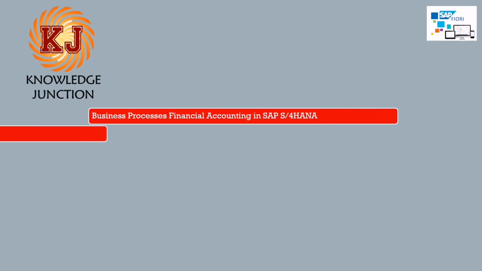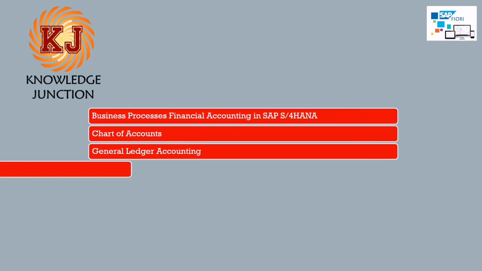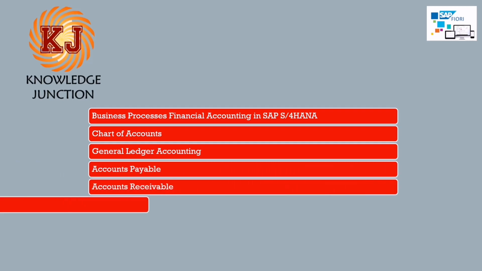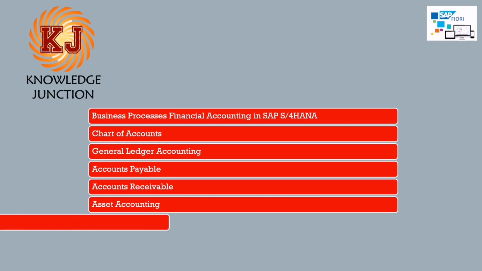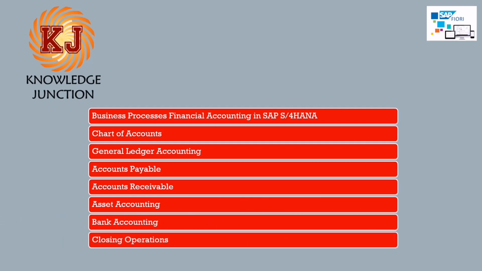What are we going to cover in this session? As I mentioned, just a very high level overview. We are not going to create or post any data. It is just to give you a feel and look of the SAP Fiori Launchpad, business processes in financial accounting: chart of accounts, general ledger accounting, accounts payable, accounts receivable, asset accounting, bank accounting, closing operations.